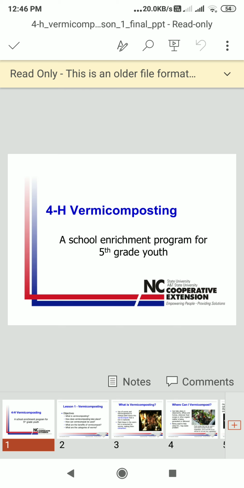With the help of earthworms, they take in food for their nutrition, and they release their waste materials, and that waste material is utilized as fertilizer for the fields.